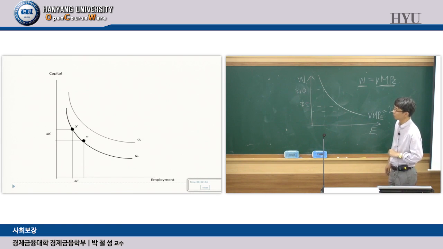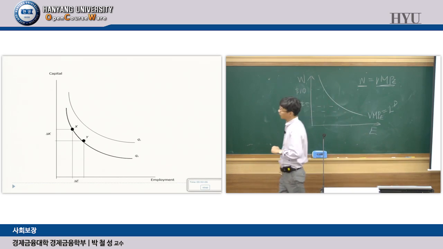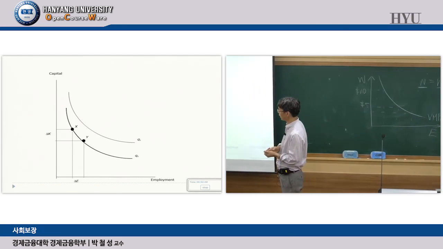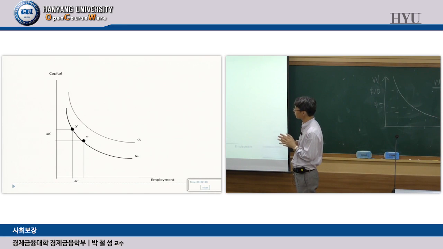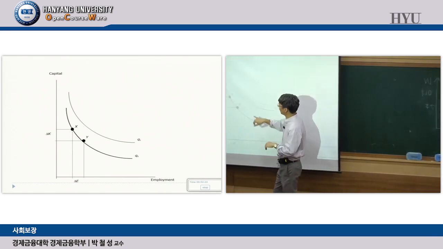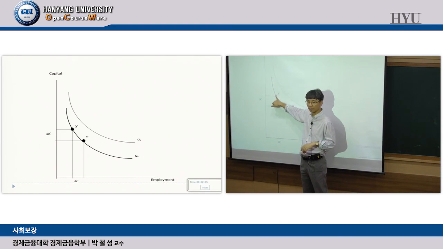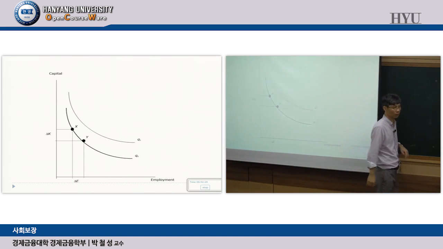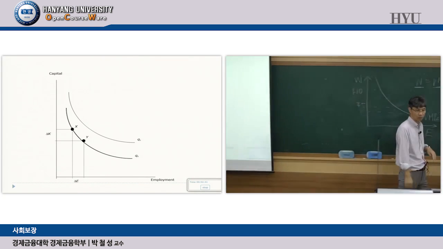What is an isoquant curve? Iso means equal. Quant means quantity. So isoquant just means equal quantity. Equal quantity means the combinations of capital and labor input that produce equal quantity. So that is the isoquant curve.